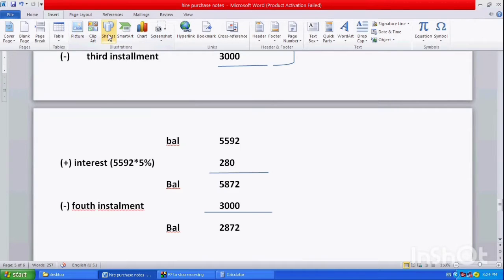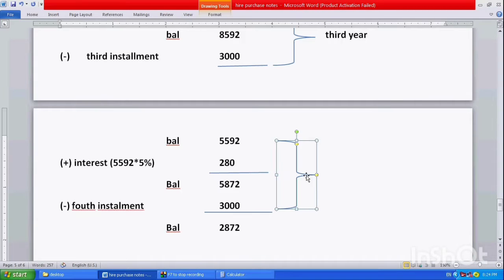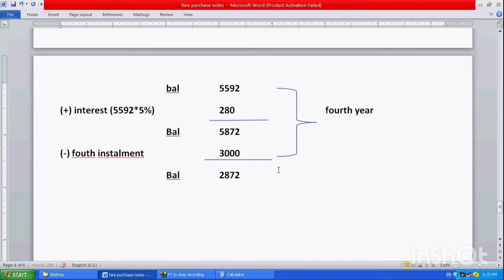Okay, so we have added. Fourth year is over. Now we have to write for fifth year. But before that I am taking this arrow to show this is the fourth year. Okay, now let's go for fifth year, fifth and final year.